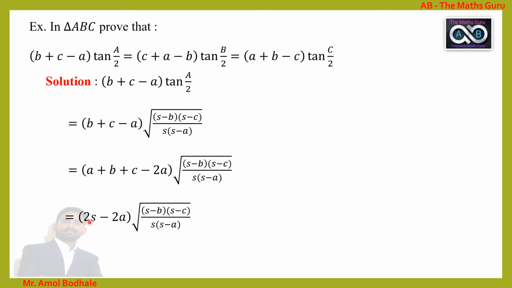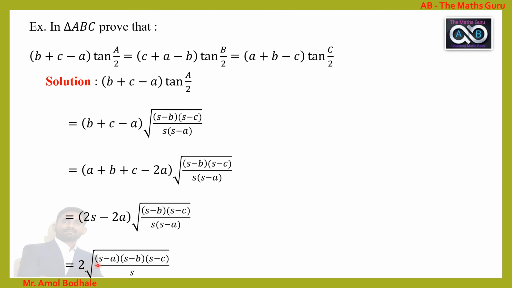We can take 2 common. If we take 2 common, s − a will remain, and we can take this s − a inside the square root. If we take it inside the square root, it will be (s − a) squared, and one s − a will be cancelled from numerator and denominator.